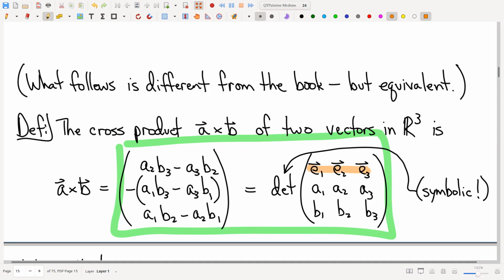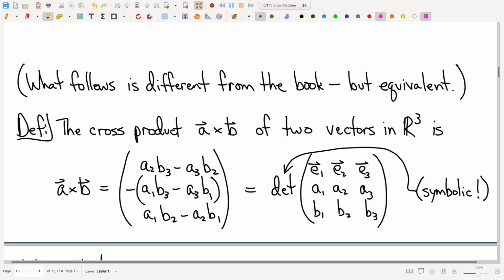You put the standard basis vectors along the top. You put the first vector in the next row, and you put the second vector in the last row. Nicely, easily organized. You all know the formula for the determinant, plug and chug, and you will produce exactly this formula.